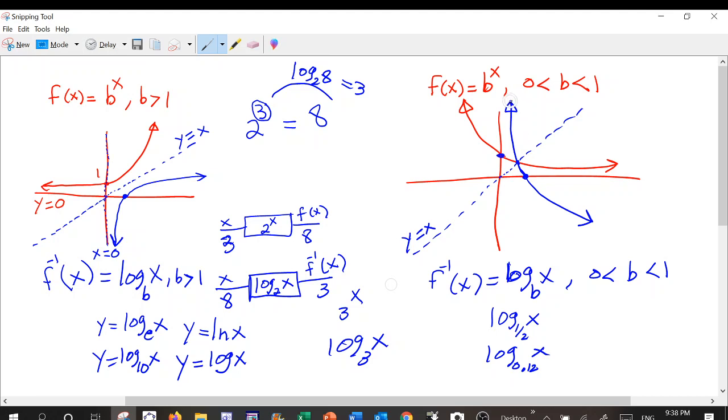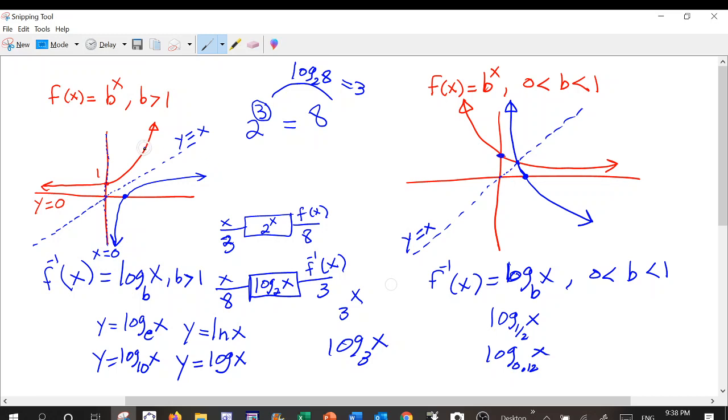So it again is a decreasing function, the inverse, and the original function also is decreasing. Here the function is increasing, its inverse also is increasing, right? All right, now what about the domain and range of these graphs? Well, remember, another property of inverses is that when you switch x and y, you're switching domain and range.